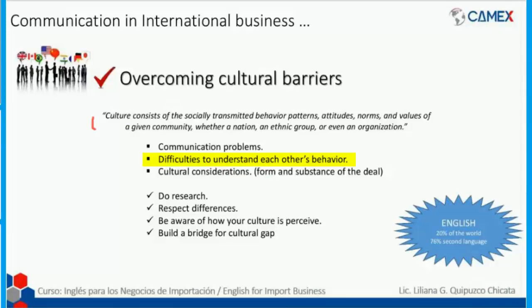In this case, for example, others' behavior can mean affection or maybe family. For example, affection: when we greet another person, we like to hug and to kiss. And for Asian people, it is a public display of affection.